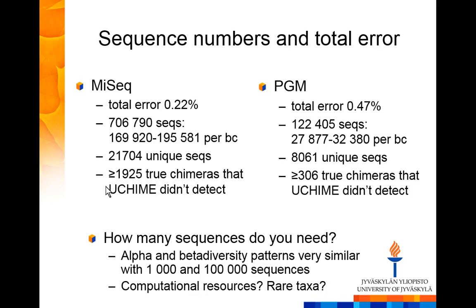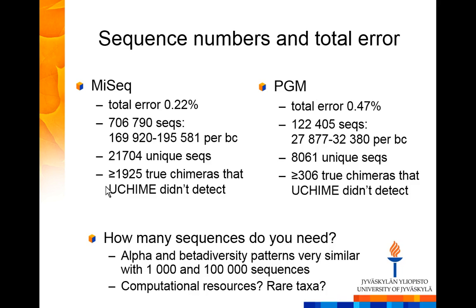If you don't like thinking about the computational resources, it may actually be nicer to have 25,000 sequences than 200,000 sequences per barcode, especially when you think about the number of chimeras and unique sequences seeming to scale up with the amount of sequences.